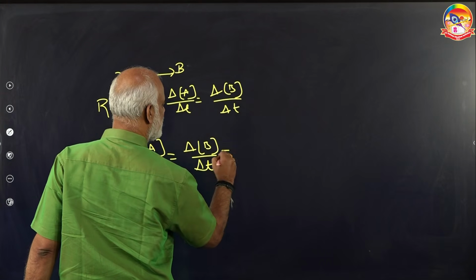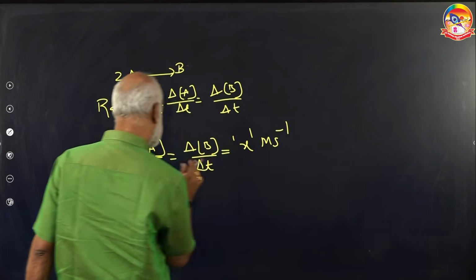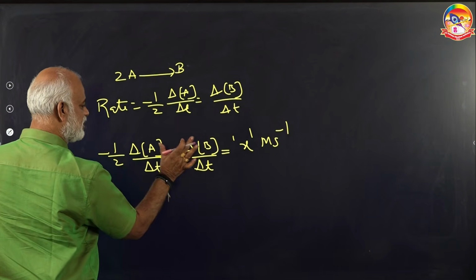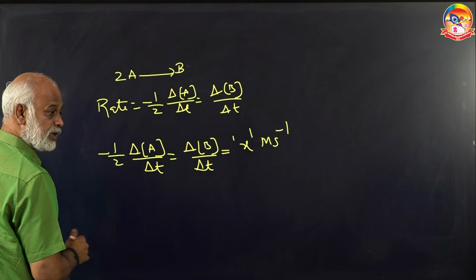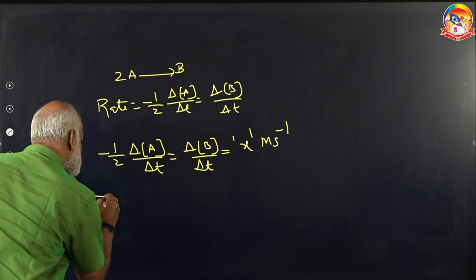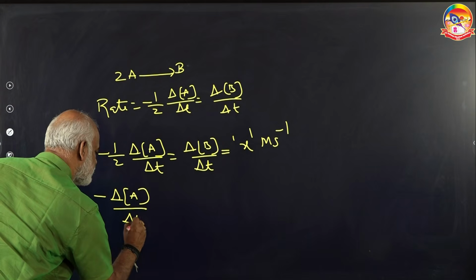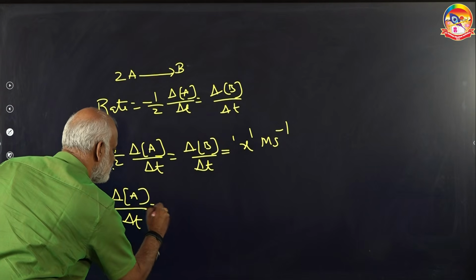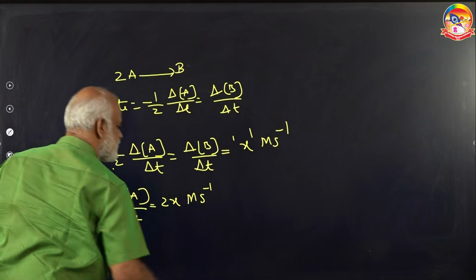In the previous part we wrote it as x moles per second. So rate with respect to A is equal to rate with respect to B is equal to x. But now what is minus delta [A] by delta t equal to? Take this 2 to this side, which is equal to 2x moles per liter per second.